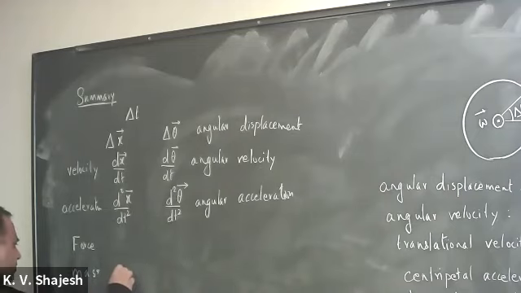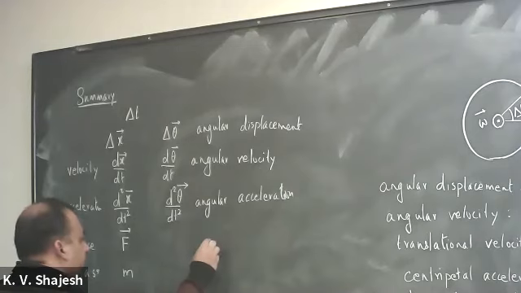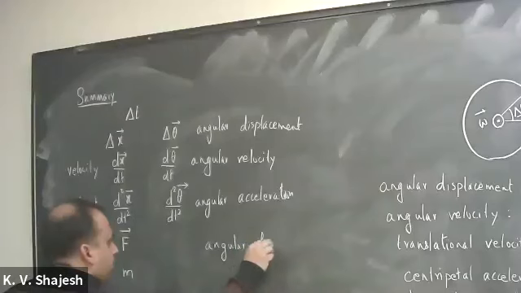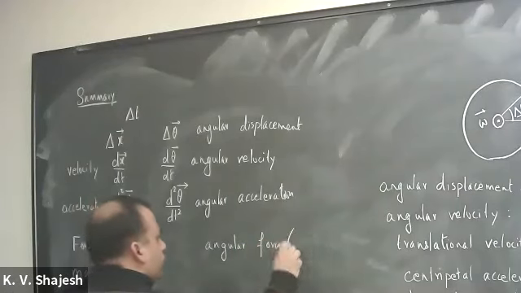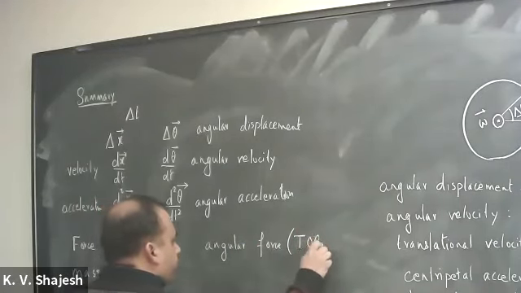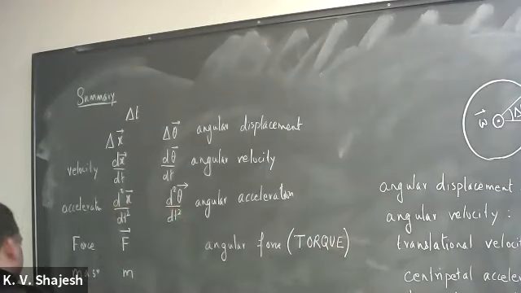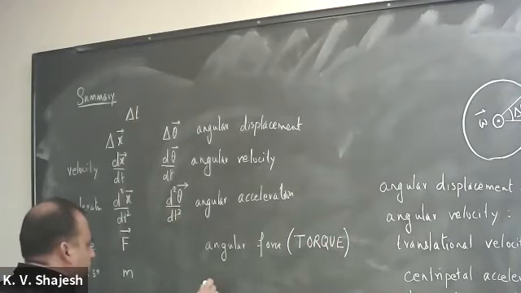We introduced the idea of m here, and force is a vector quantity. Mass was not a vector, but force was a vector. We would like to have the idea of angular force here, and that will be defined as torque, and that's what we want to do today. And when it comes to mass, we will see that this will be called moment of inertia, or let's call it angular inertia.